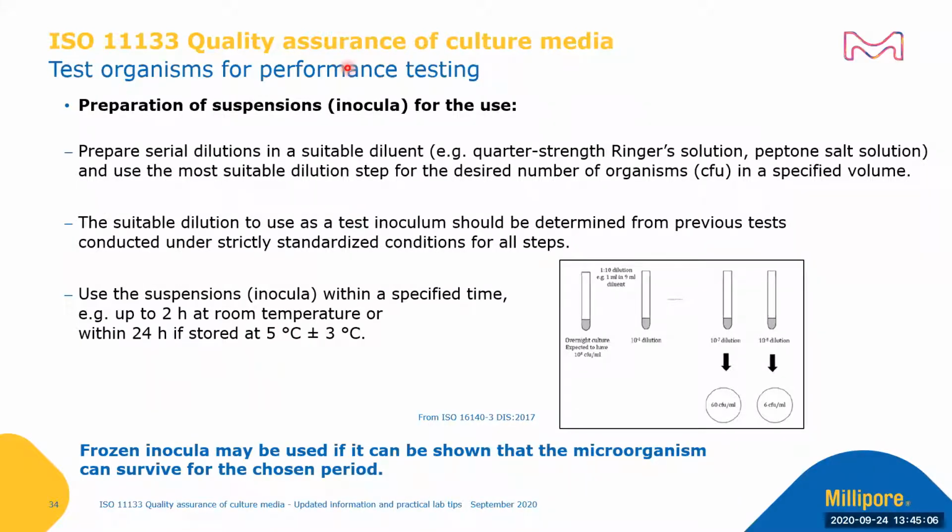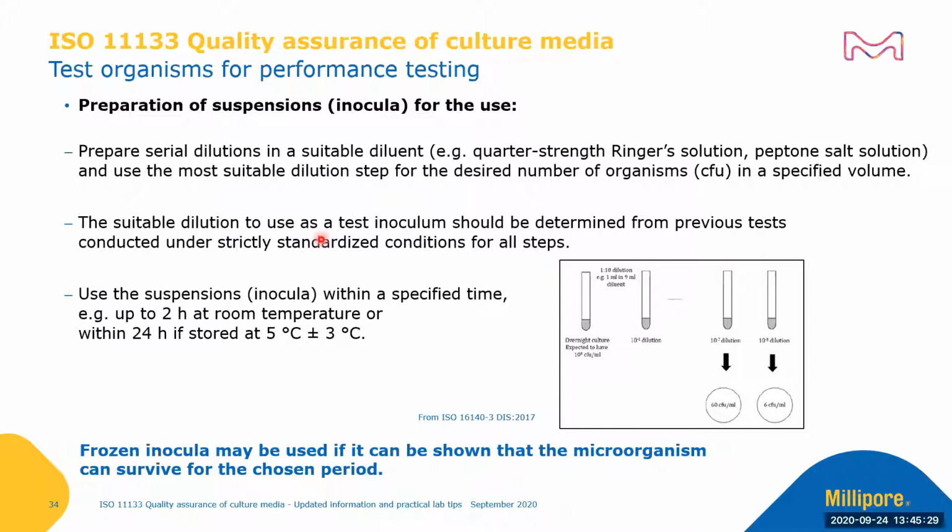Preparation of the suspensions of the inocula for the usage is very, very important. And for that, a serial dilution in a suitable diluent like quarter strength Ringer solution or peptone salt solution is prepared. And then the most suitable dilution step for the desired number of organisms is used in a specific volume.